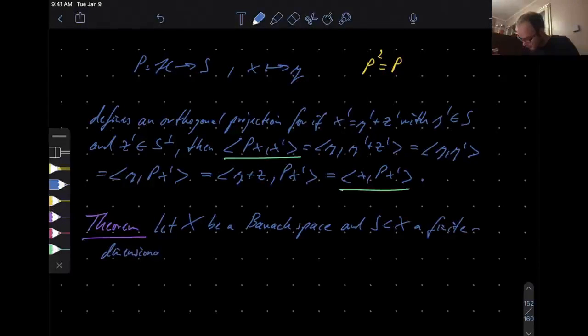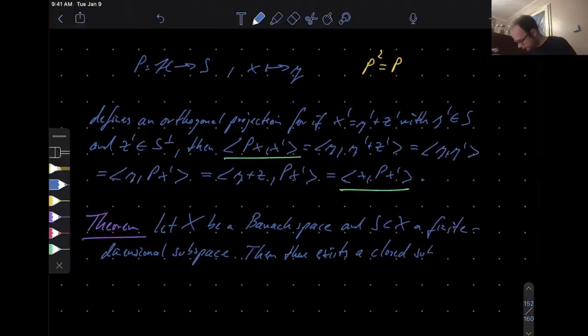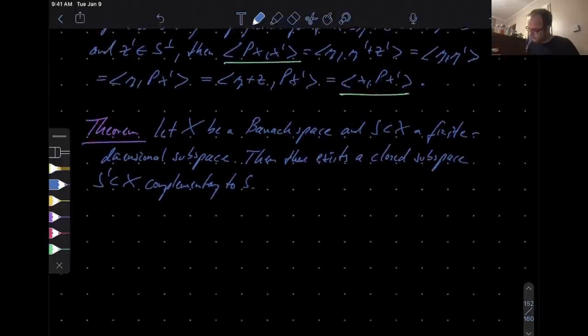Then you can complement it. But if S is not finite dimensional, then in general that's not going to work out for you. Then there exists a closed subspace S prime complementary to S. All right, good.